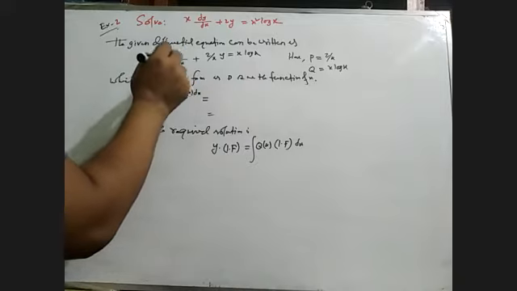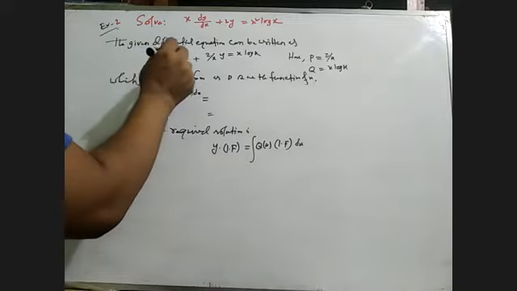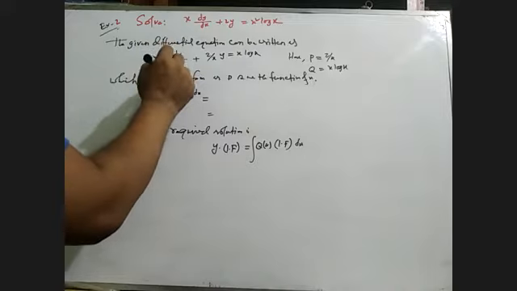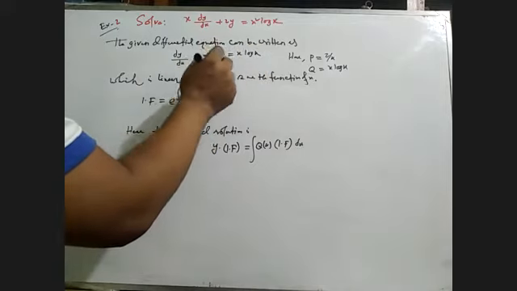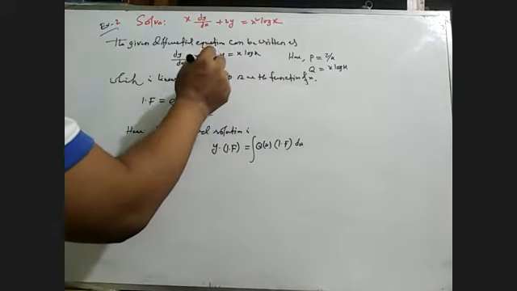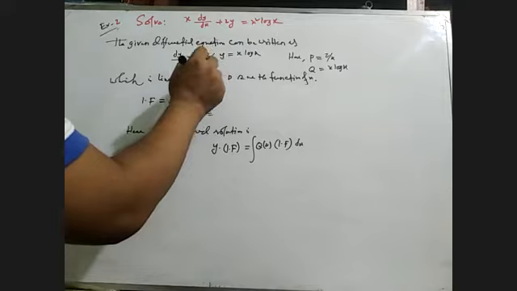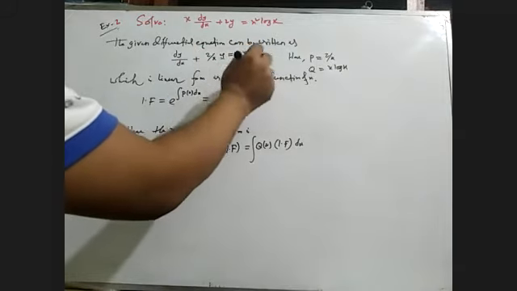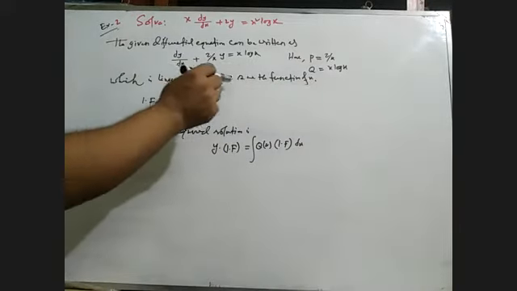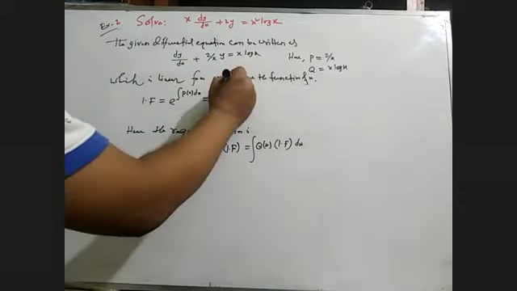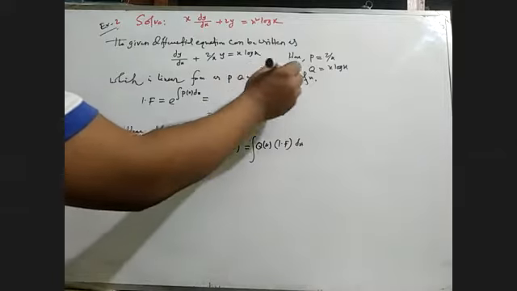This is why it is first order and first degree. Coefficient of y is P, and the right hand side is Q, x log x. P and Q are functions of x only.